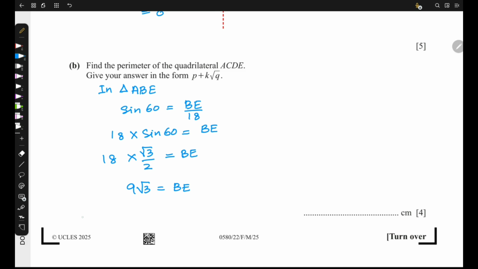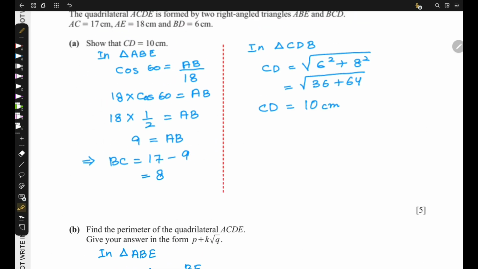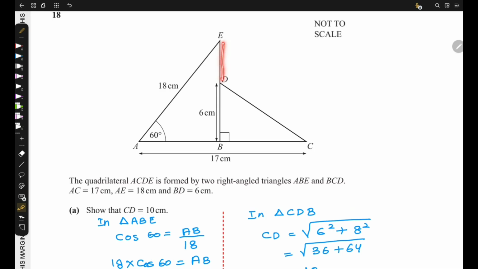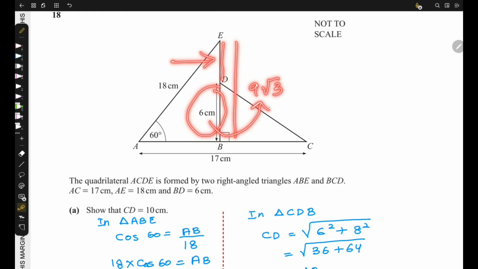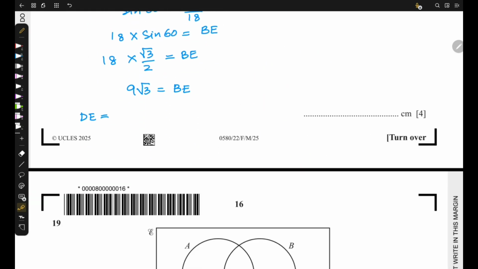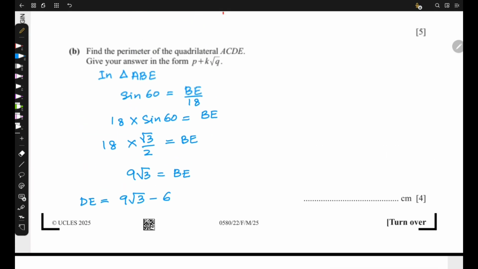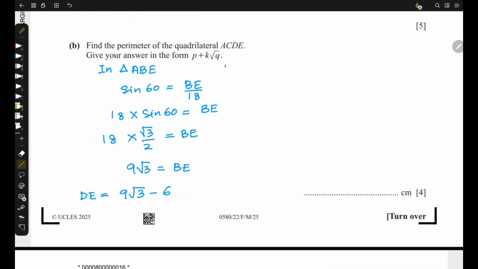But to find the perimeter, we need DE, not BE. We only need DE. So this BE is 9 root 3 and this DB is 6. So in order to find DE, we subtract 6 from 9 root 3. So you will get 9 root 3 minus 6. So this is the value of DE.